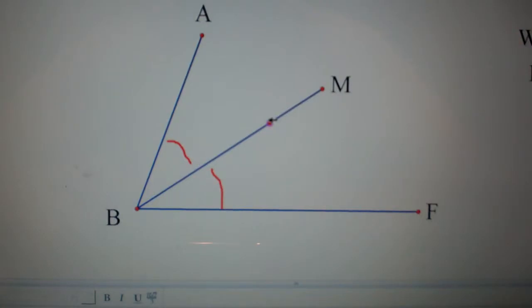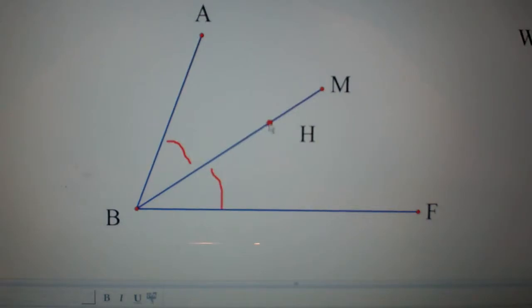And really, what else I can say here is that this point, we'll go ahead and call this point H. Okay? We can say that point H is equidistant from the two sides of the angle. So here, if I was to say from point H to the side of the angle, BF, we could say that from here to here is the same distance as from here to here. Now, it's not just any distance.